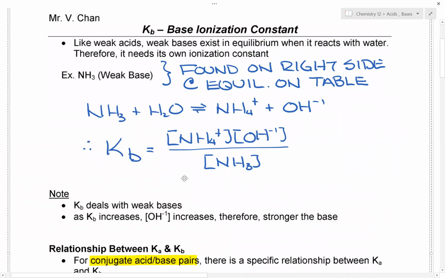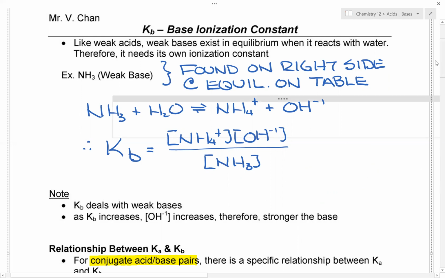So for a weak base, remember, it's anything found on the right-hand side at equilibrium on the table. So let's say we have NH3 plus H2O gives you NH4+ plus OH-. Because NH3 is a weak base, it's at equilibrium, and so we have a Kb expression where we have the products over the reactants.